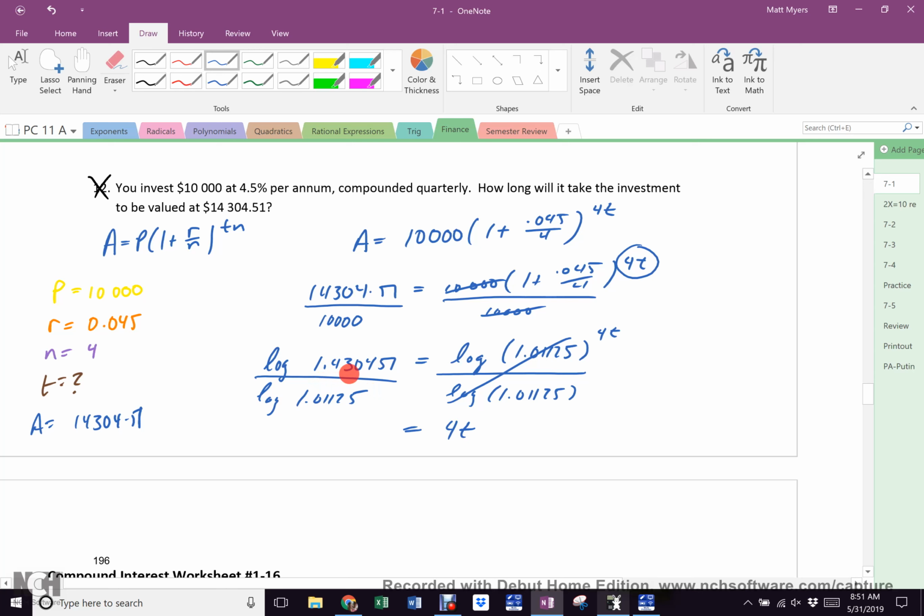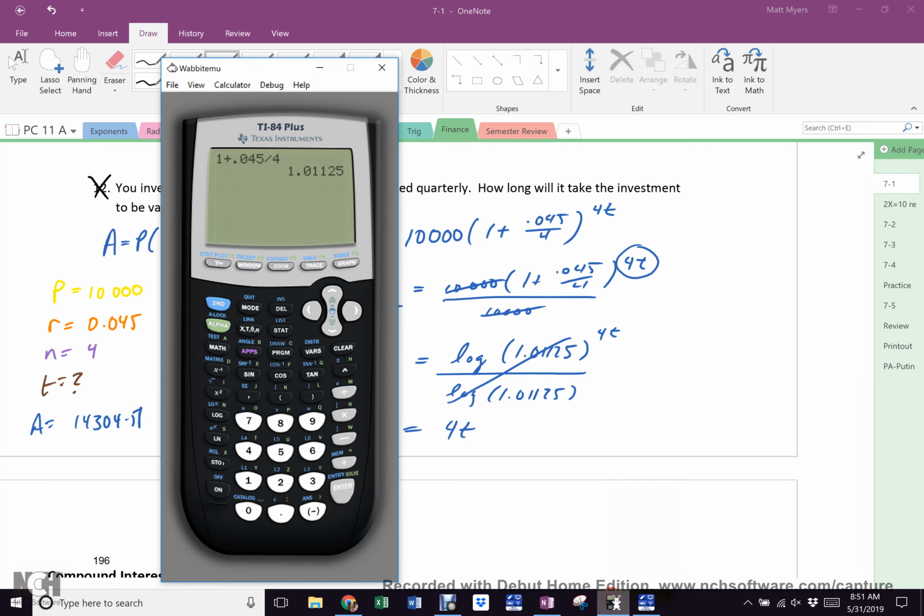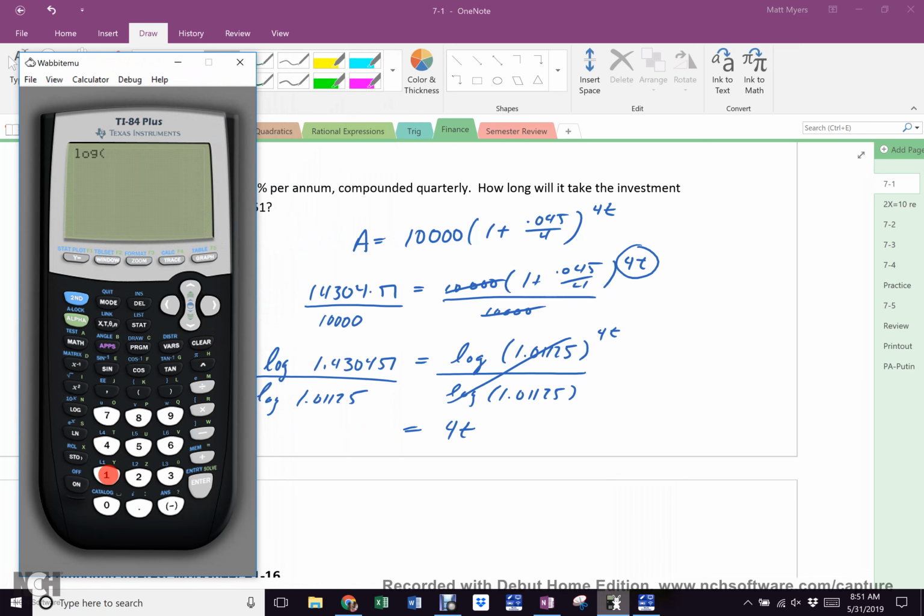Now, can I do this in my head? No, there's no way. I have to use my calculator, yeah? Just like I know what to do with trig, but I can't do it without the calculator, right? So I go to my calculator, and what do I punch in? Log 1.43051, close brackets, divided by log 1.01125, close brackets, and what do I get?